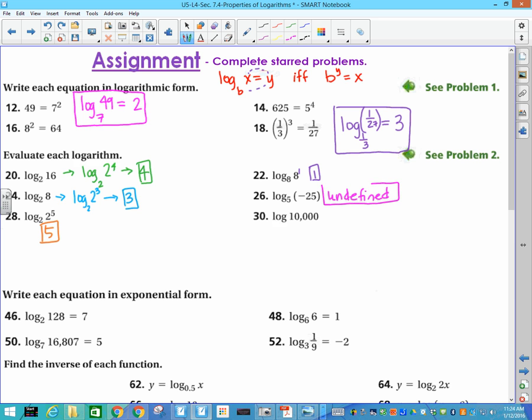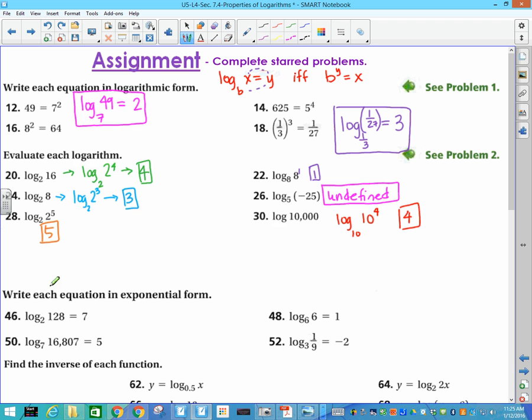Okay, but it's a nice thing to know because we've talked about domain and range a lot, and that can never be negative. Okay, look at this last one. We have log, there's no base, but you got to remember that the base, of course, is 10, so this would be log base 10 of 10 to the 1, 2, 3, 4. So my answer is going to be 4.